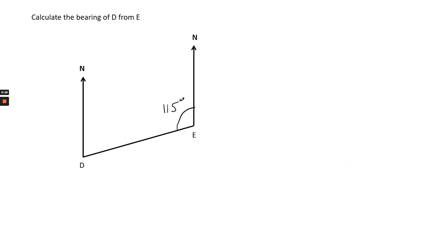Another question, feel free to pause it if you'd like to, says to calculate the bearing of D from E. Not sure why that's red, but it's from E, so I circle E. I go from north, I go clockwise until I'm pointing towards D, so I want this angle around the outside.